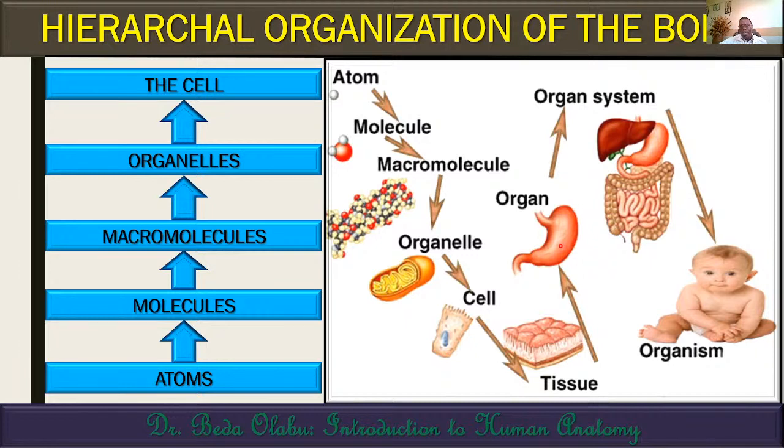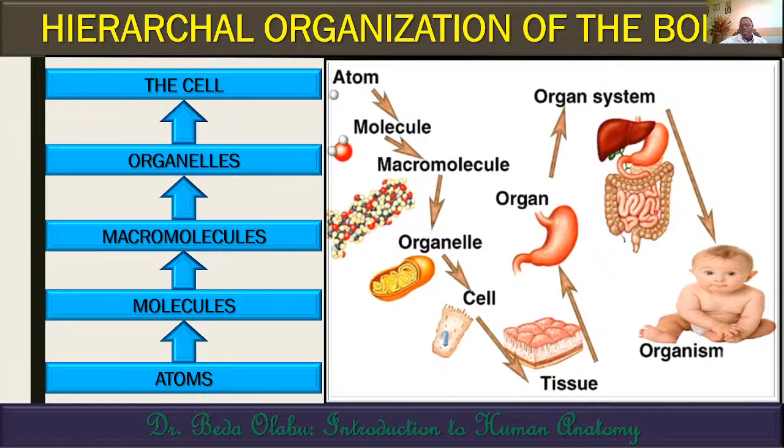When organs combine, they form organ systems. And I'll be giving you a chance to just think through different organ systems in the body. When organ systems combine, they form the organism. And so you and I are examples of this organism, but we are made up of different organ systems.